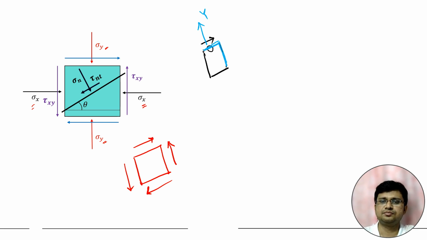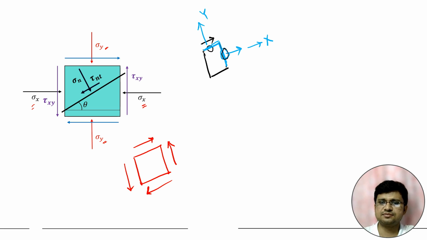For this face, the normal will also be positive because it is along the positive x direction. So both these planes are positive.